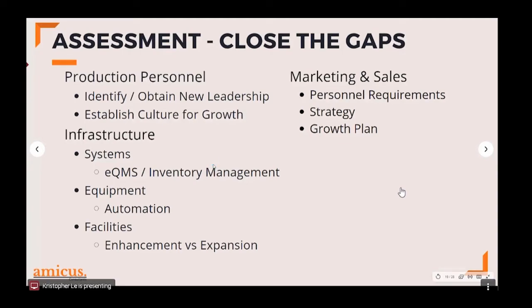Or do you need new leadership? What new leadership positions do you need? What level of qualification, experience, education do they need? Do you have a culture internally for growth? Having worked with lots of different operations from small to very, very large, if your company does not have a culture for change and growth and working in a fast-paced environment that's constantly evolving, that can be a huge challenge, right?